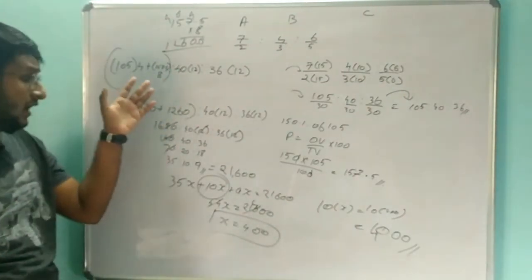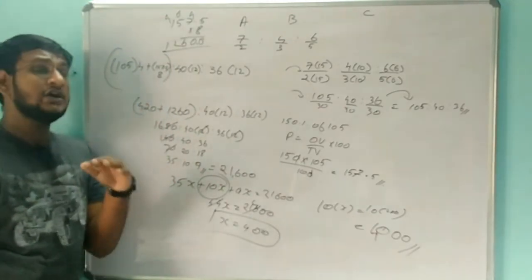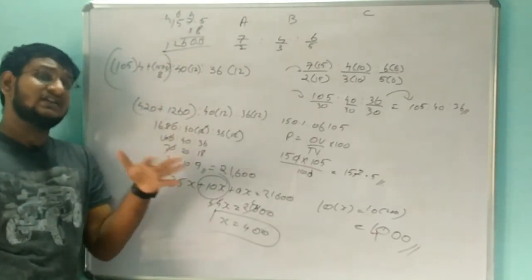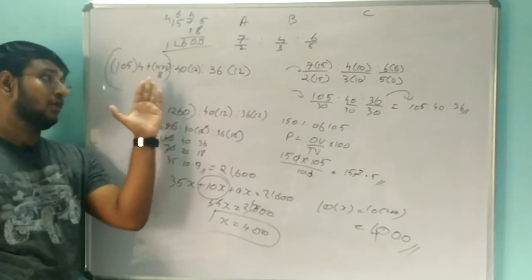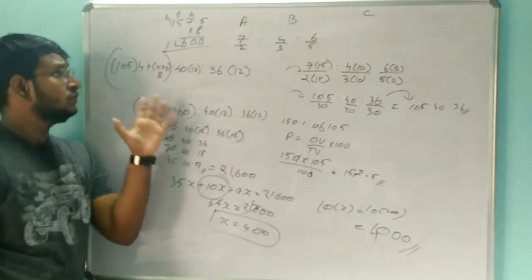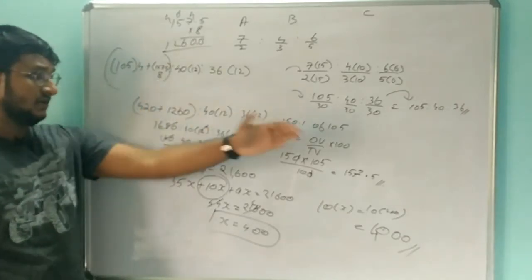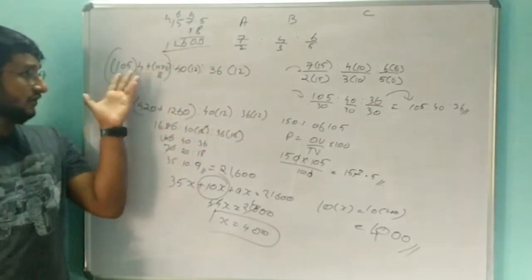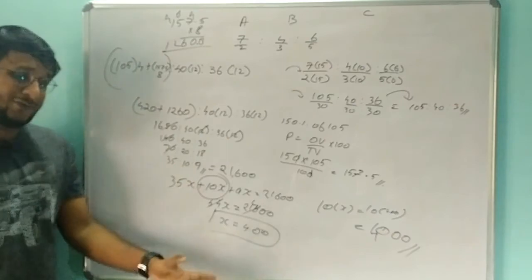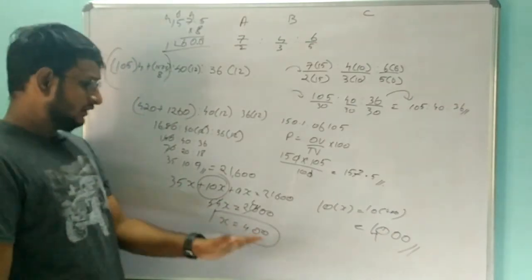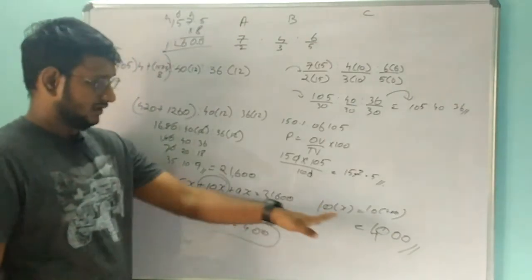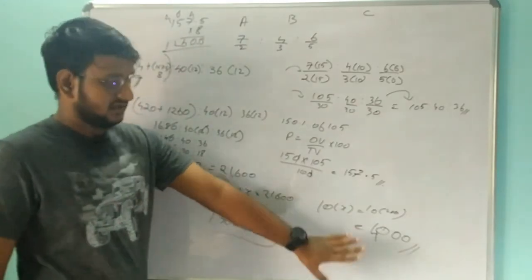So we have to take 157.5 for the rest of the year, that is 8 months. So 157.5 into 8. This is one of the important areas we need to keep in mind other than the profit formula. If you keep this in mind and calculate this, it is very simple. So we can get the x value, substitute it in 10x, and get 4,000.